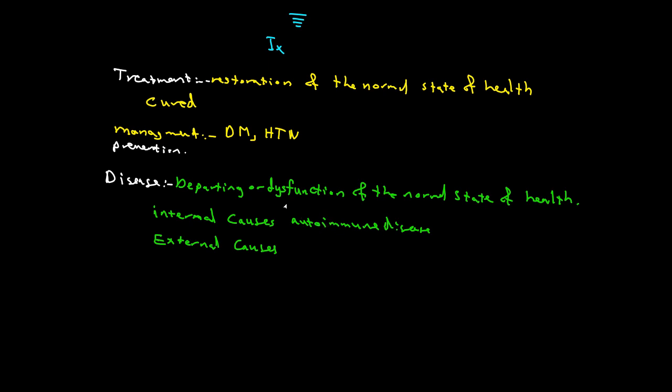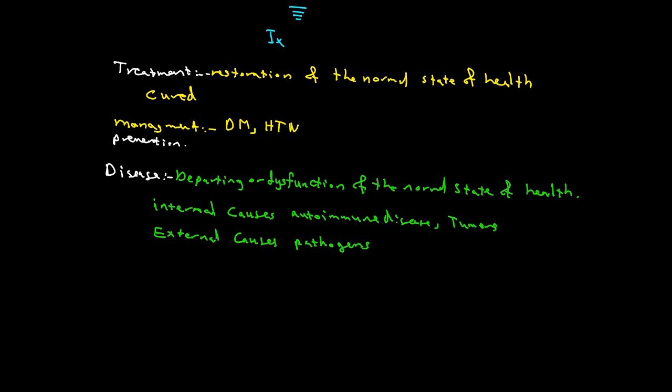It can be caused by both external and internal factors, but in general it is considered internal because the dysfunction is in the immune system. Another example is tumors, which are due to mutation in the cells resulting in tumors that are either benign or malignant. External causes are like infection by pathogens, like viruses and bacteria.